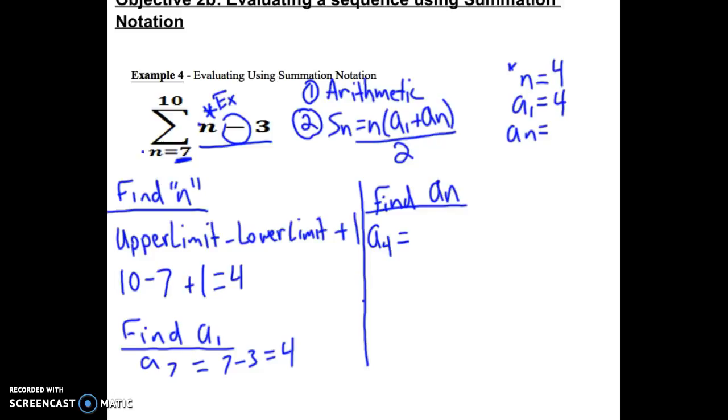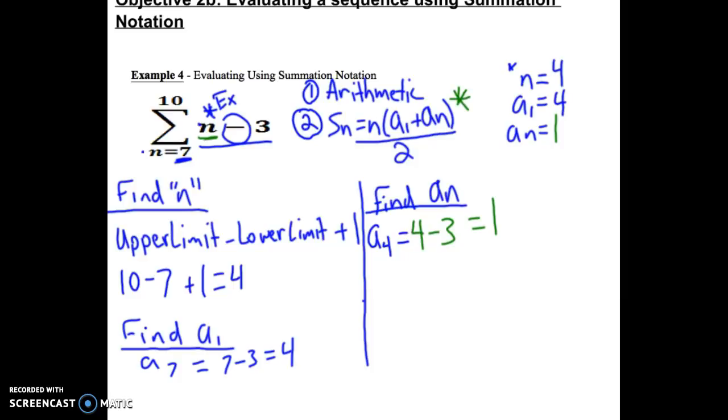So I put it into my explicit formula. I'll switch to green really quick. I'm going to put a 4 in for my n: 4 minus 3 equals 1. So a sub n is 1.